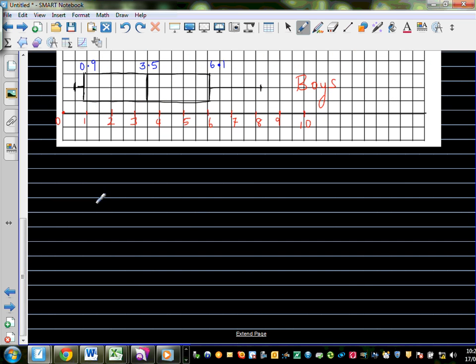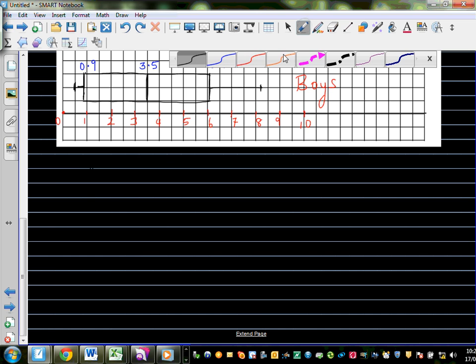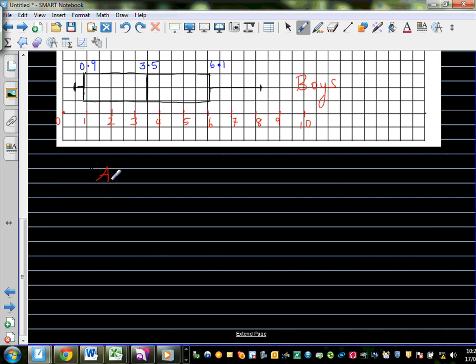So this is my analysis, and based on analysis we're going to conclude. The first thing that you can notice is the box of girls completely overlaps the box of boys. So what does that mean?